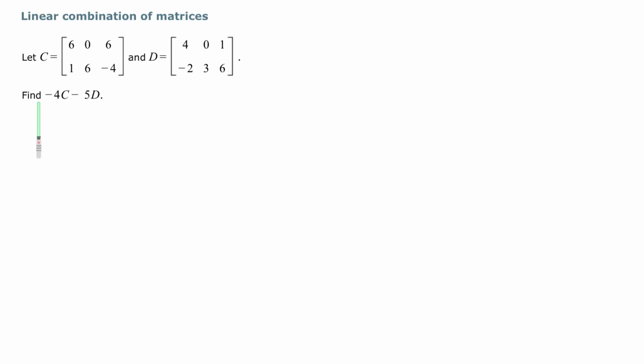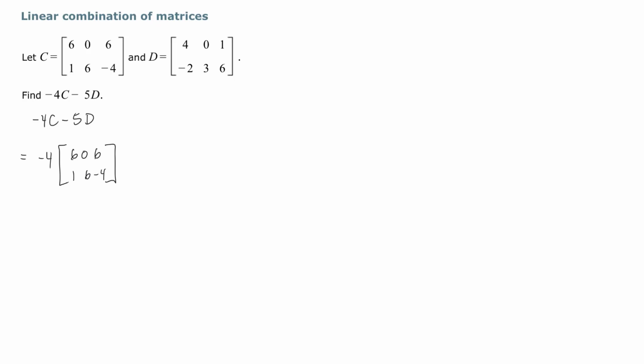It does want you to find this expression. Find the expression -4 scalar multiplied to C minus 5 scalar multiplied to D. Why don't we write this expression out and manipulate it, and let's see what happens. -4 times matrix C minus 5 times matrix D is equal to -4 scalar multiplied to the matrix with rows -4, 6, 0 and 6, 1, 6, -4.